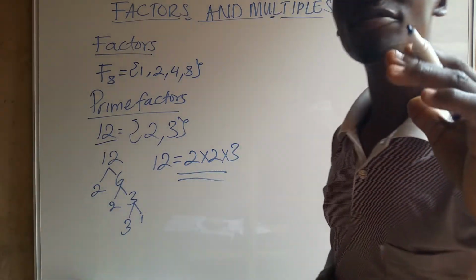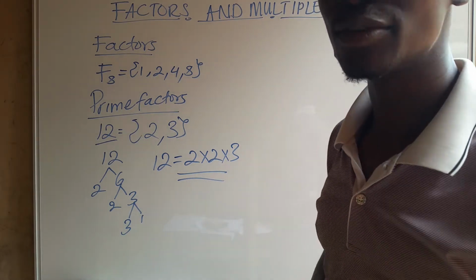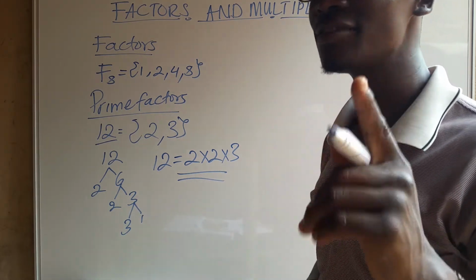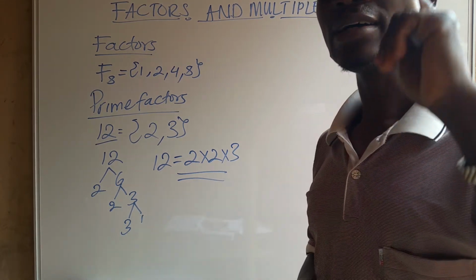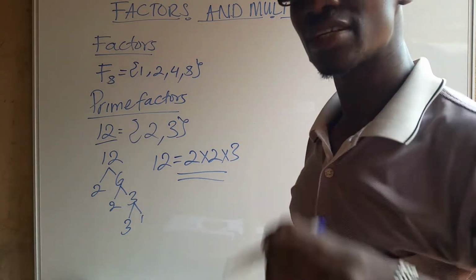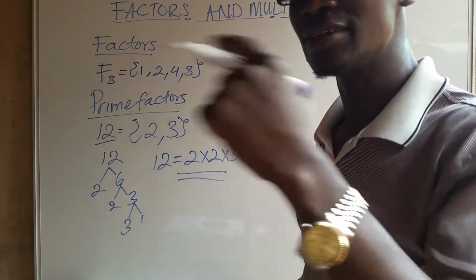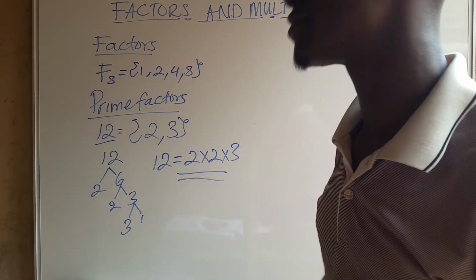So we have expressed 12 as a product of its prime factors, and therefore prime factors of a number are those factors which themselves have no other factors except 1 and themselves.